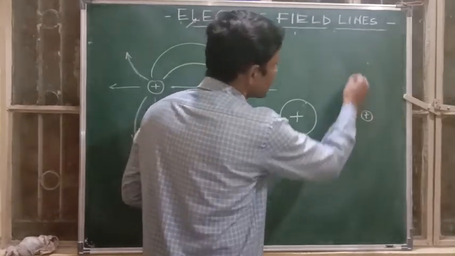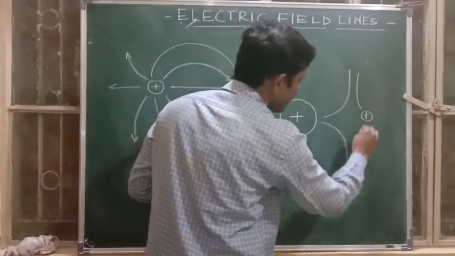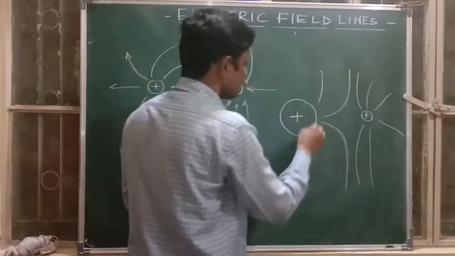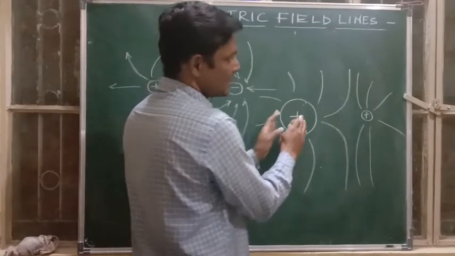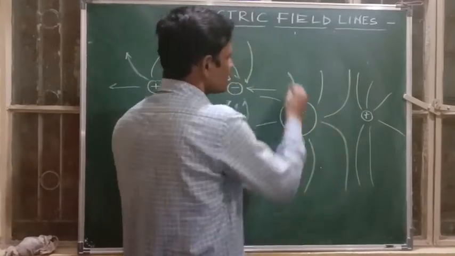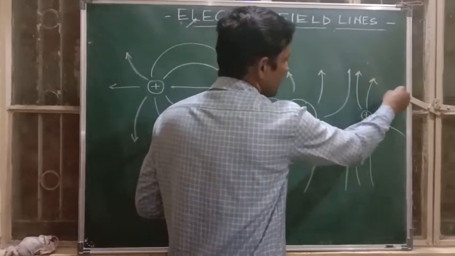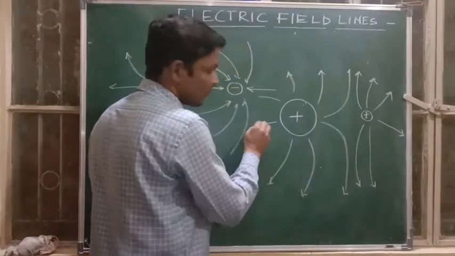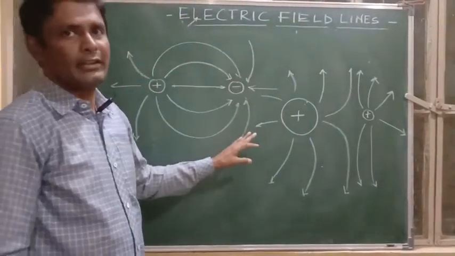So now the lines you have to draw like this. Since the charges are positive, the electric lines must be moving away this way. Finally, we came to know how to draw electric field lines.